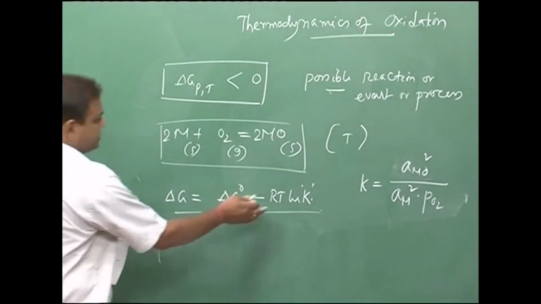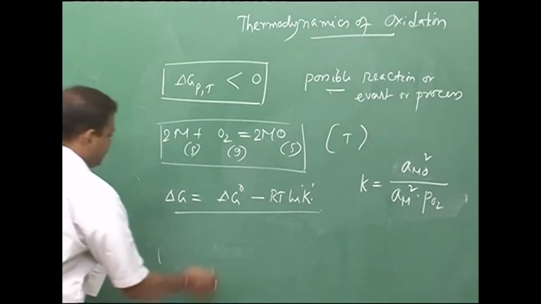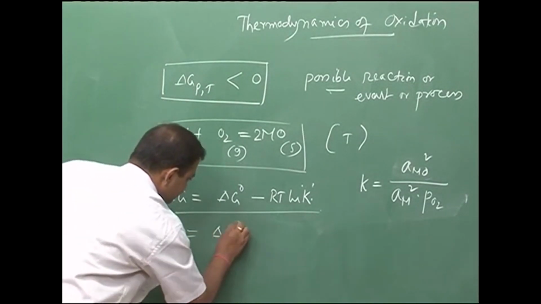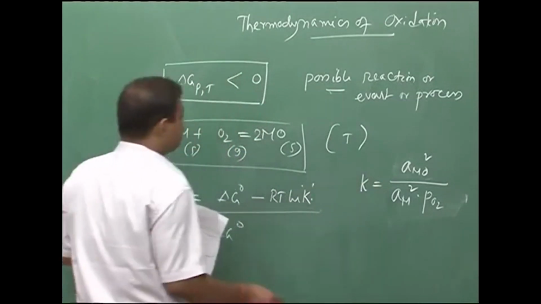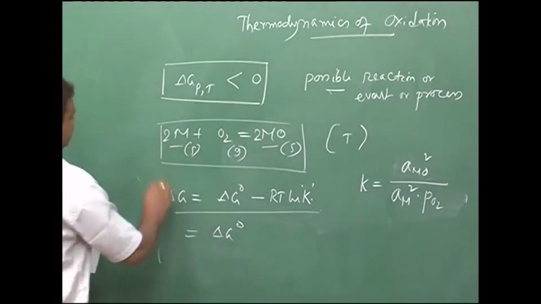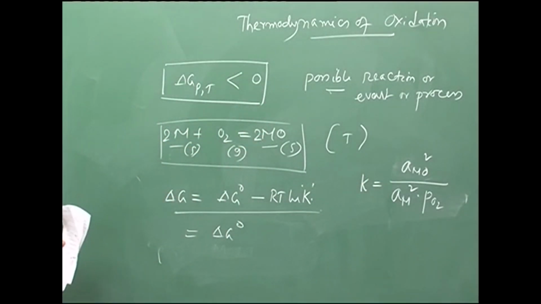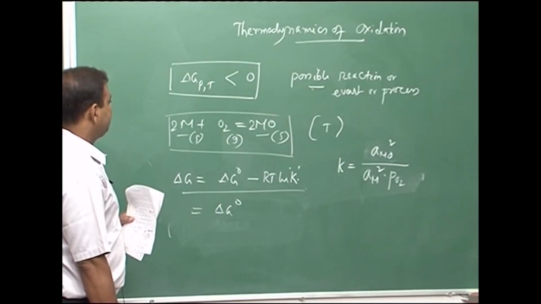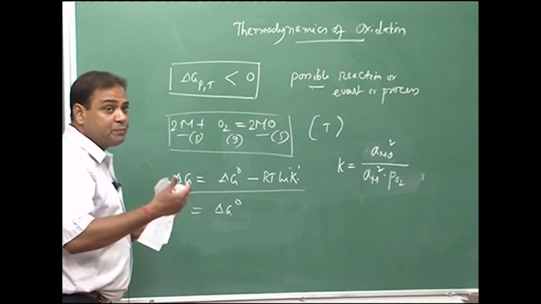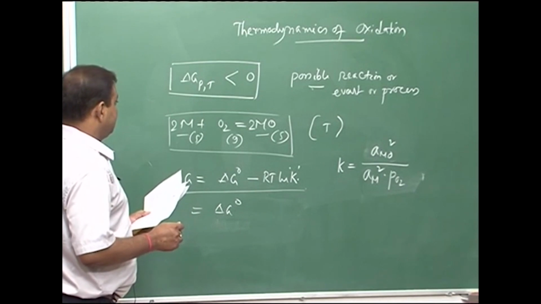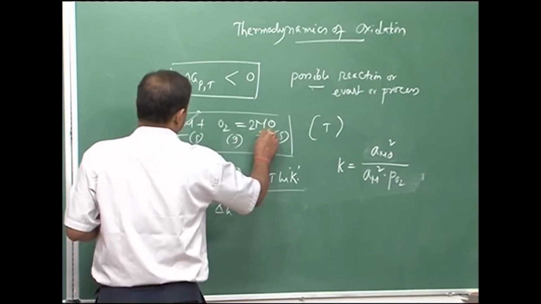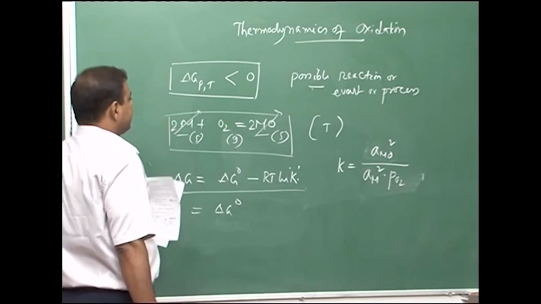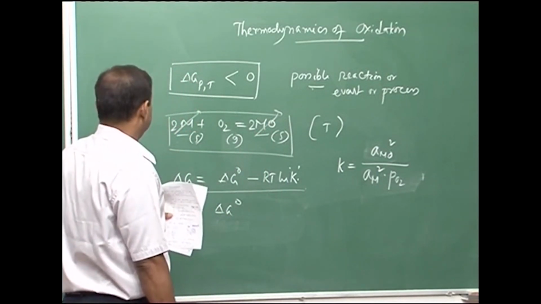Now, if we put it here, then it would become del G 0. If we consider these two phases, the pure metal is getting oxidized and forming the pure oxide, and since they are pure, we can consider their activity to be 1.